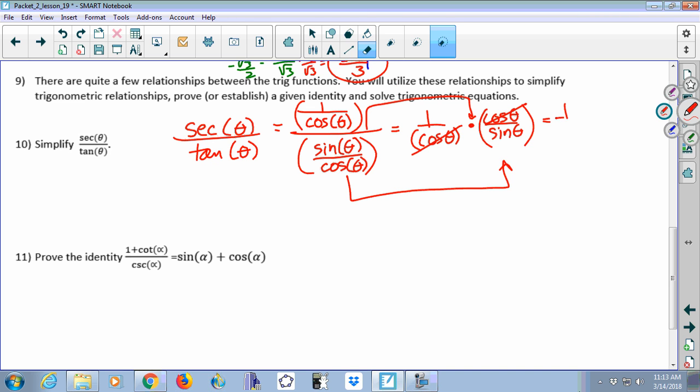And we get 1 over sine theta. Now the question is, can I simplify that any further? It's the cosecant of theta, right? So that would be your final answer. Okay, cosecant.